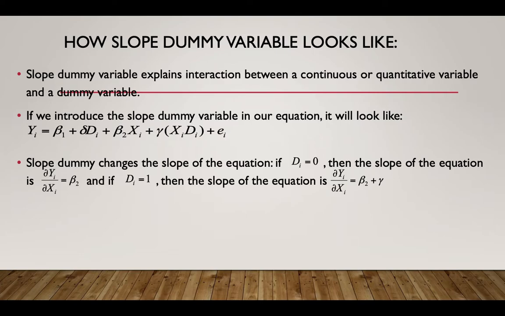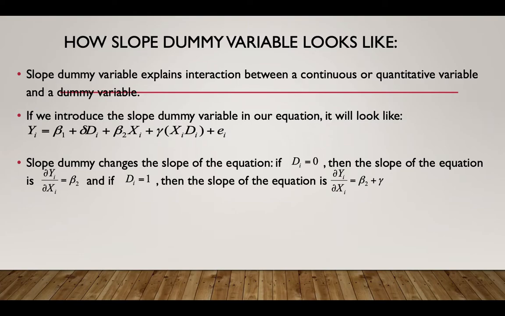So, the slope dummy variable changes the slope of the equation. If di equal to 0, then the slope of the equation, delta yi by delta xi, will be only beta 2. But if the value of di is equal to 1, then delta yi by delta xi will be beta 2 plus gamma into 1, that means beta 2 plus gamma.